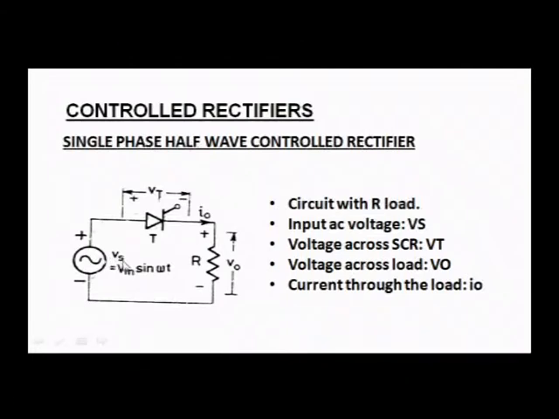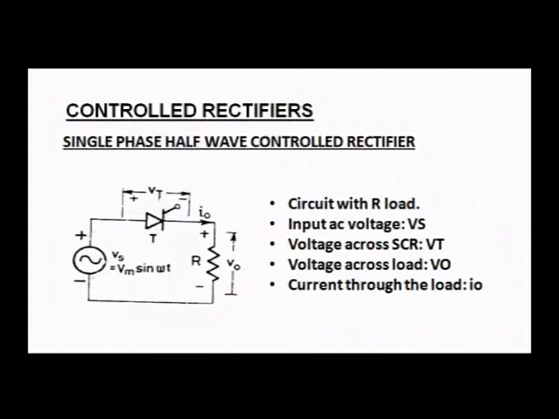I have to show my input waveform, I have to show the voltage across the thyristor, I have to show the current flowing through the load, and I have to even show what my output voltage is going to be, that is the voltage across the resistance. So, this is the simplest circuit, one thyristor, one AC input and one resistor with a gate trigger pulse. Maybe you can just draw a pulse here and show that it is going to be triggered.